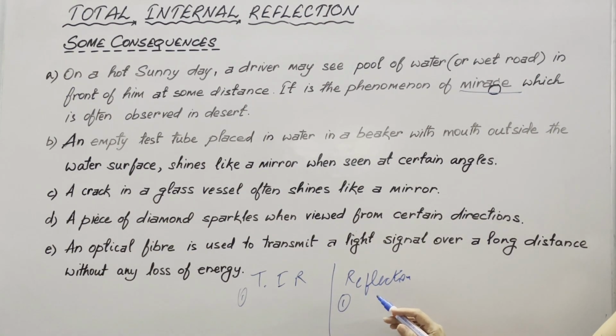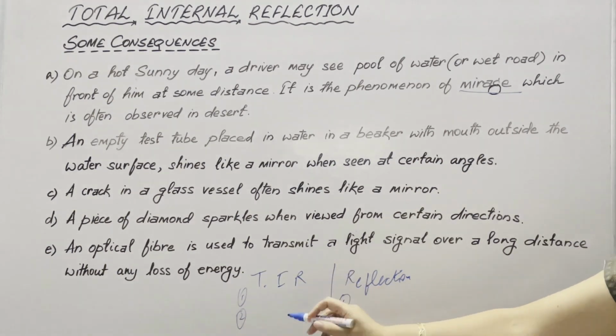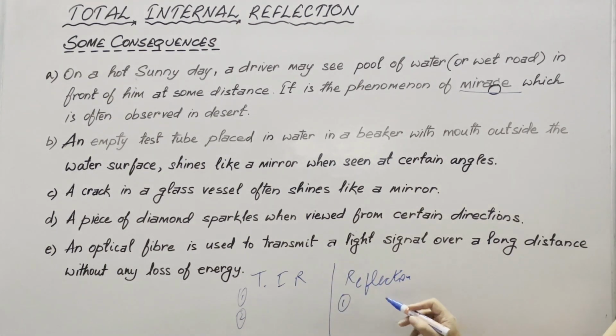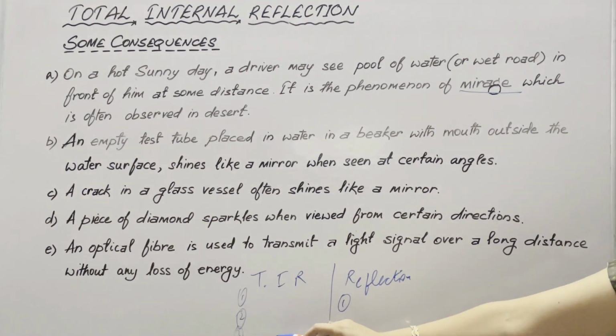Second, reflection. It takes place when light is incident on a plane mirror from any medium at any angle of incidence. Second point is TIR, the entire light is reflected. Here, only a part of light is reflected while rest of it is refracted or absorbed. In third point, you might write that there is no loss of energy.